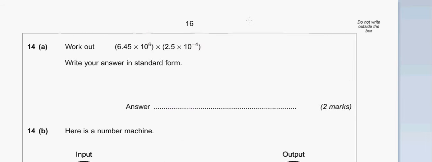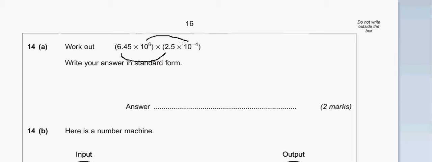Okay, we're back again. So 14a, work out this multiplied by this. Remember, we multiply like with like. So this multiplied by this, and this multiplied by this.